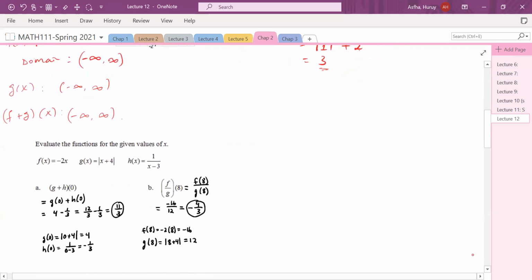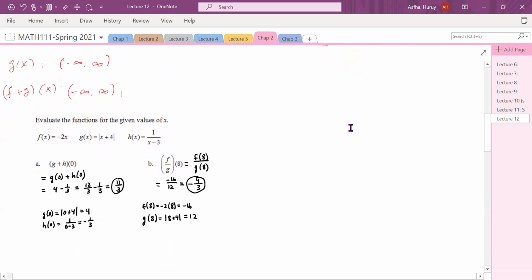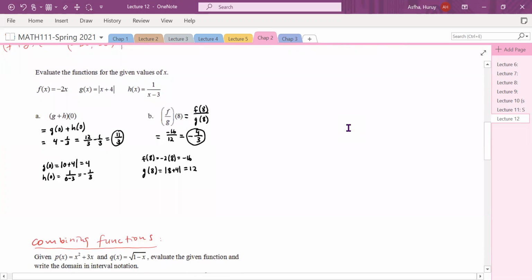Now, let's consider these three functions, and we will try to evaluate the composition or the combination of these functions. So we have f of x equals negative 2x, and g of x by this function or this statement, and h of x is 1 over x minus 3.